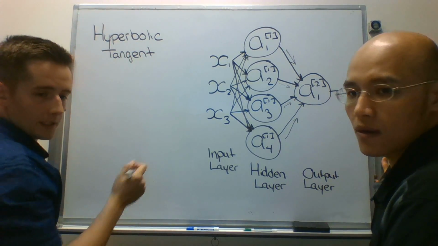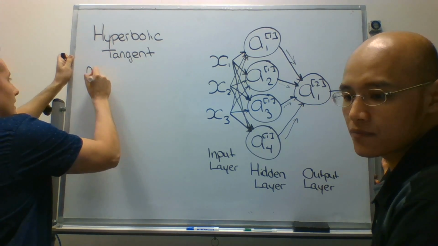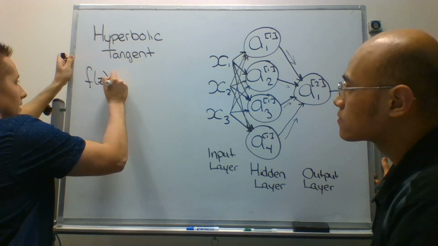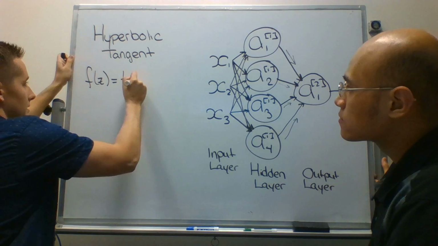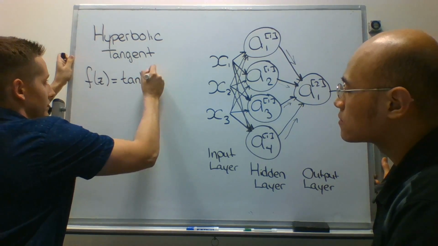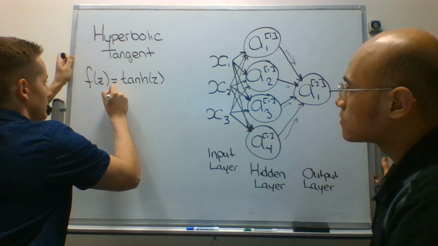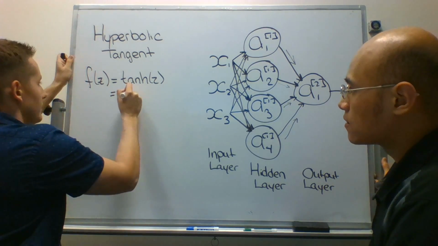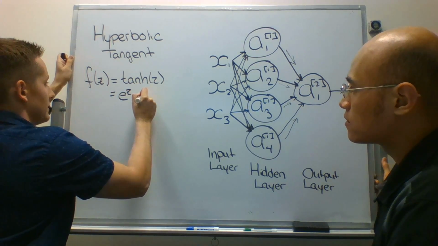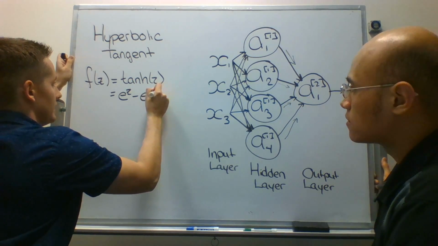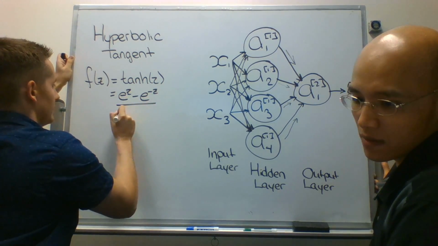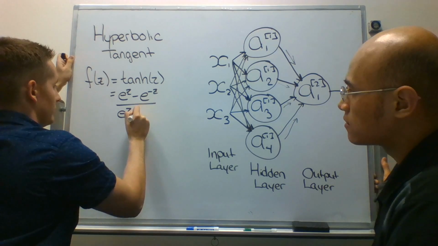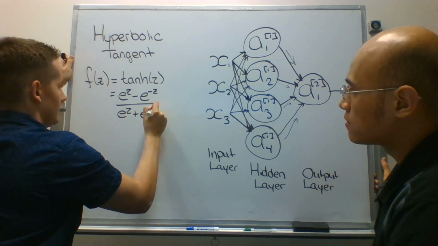So this one is f of z equals tanh of z, which equals e to the z minus e to the negative z divided by e to the z plus e to the negative z.